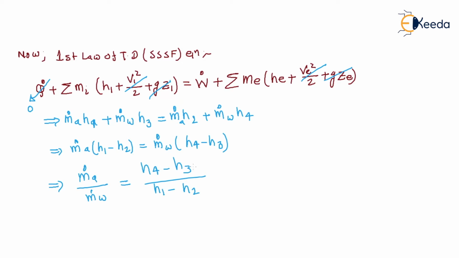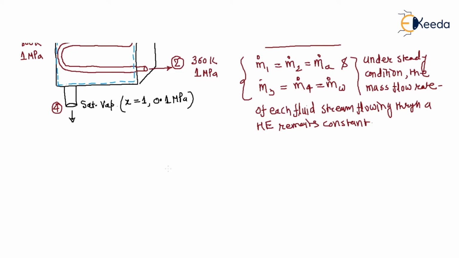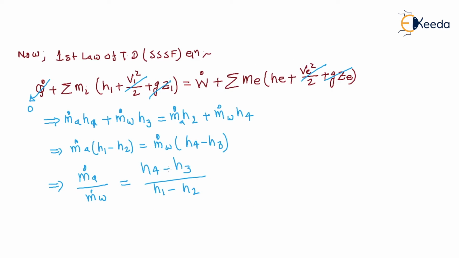Now here, what is H4? H4 is saturated vapor, so from the water table, H4 is Hg, saturated vapor, at 0.1 megapascal, right?